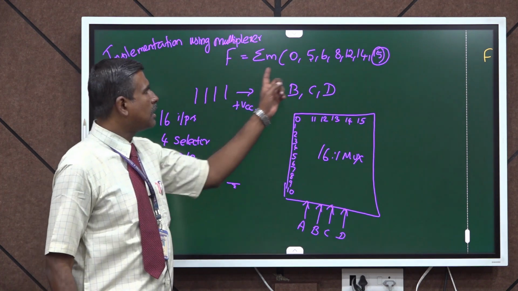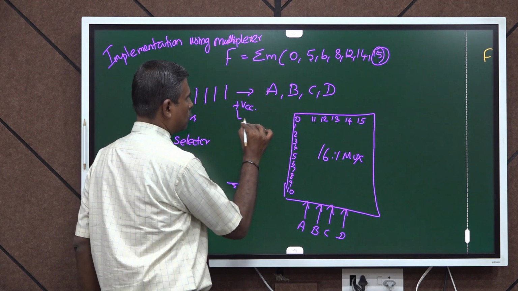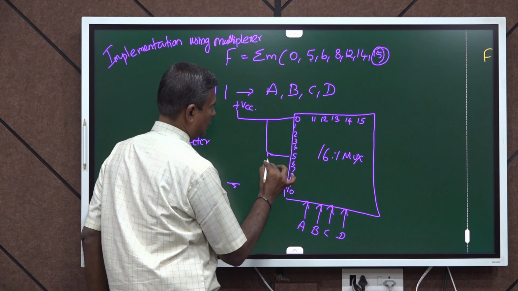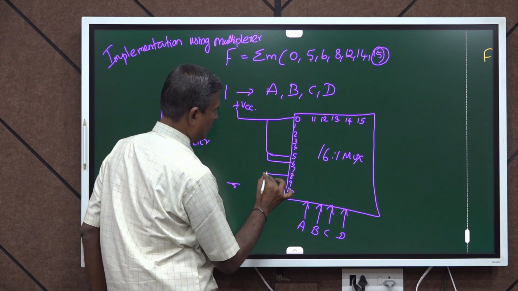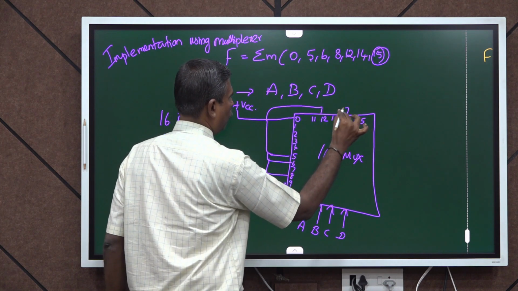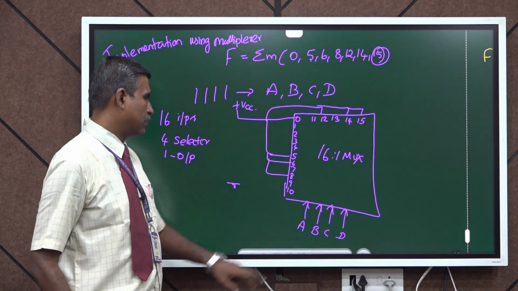The values present in the given function, 0, 5, 6, 8, 12, 14 and 15, are connected to plus VCC.